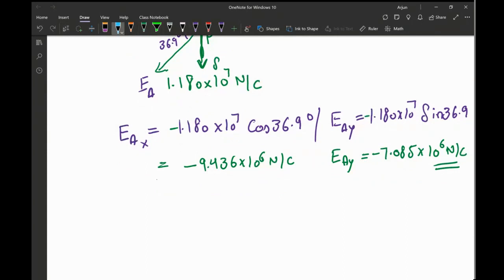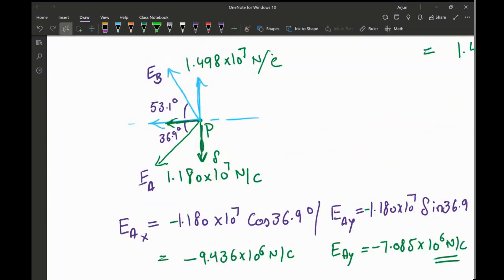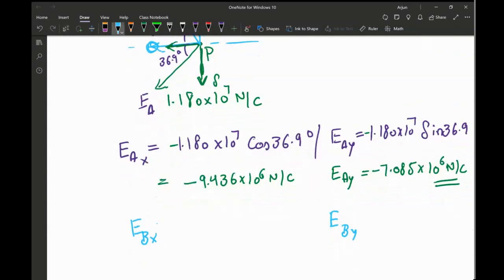EBX and EBY. EBX value will be negative because this is towards the west side, and EBY value will be positive because this is acting in the upward north direction.